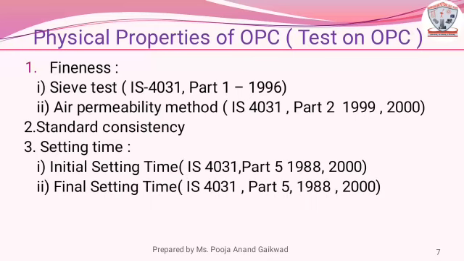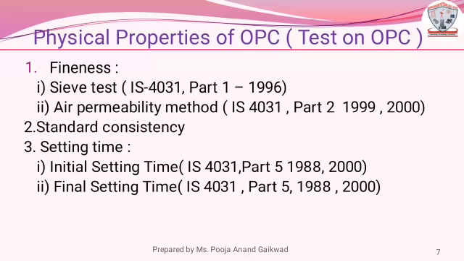Second one is final setting time. Final setting time is defined as the time elapsed between the moment when water is added to the cement and the moment when the paste has completely lost its plasticity. Now here we have a note.